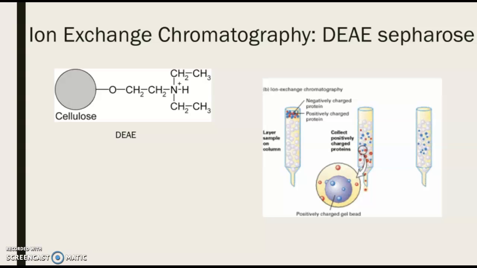Our solution from the previous step of the dialysis will run through this column and interact with the positively charged solution. Any protein that is not interacting with this will run through the column, and our protein will be left behind. Again, we will wash with imidazole and PBS to release the binding of our protein. These fractions will be saved, and we'll run another SDS-PAGE.